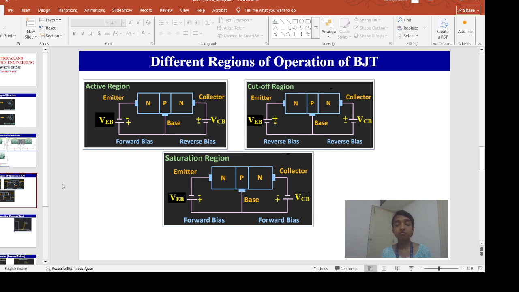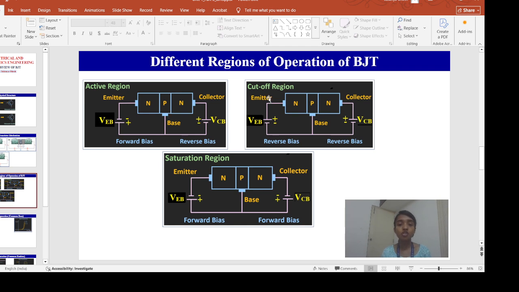Now BJT can operate in three regions. One is the active region, one is the cutoff region, another one is the saturation region. We will see how BJT operates in these three different regions, but let us see what these operations actually are. In the active region, the emitter base junction will be forward biased and the collector base junction will be reverse biased. In the active region, my BJT will work as an amplifier.